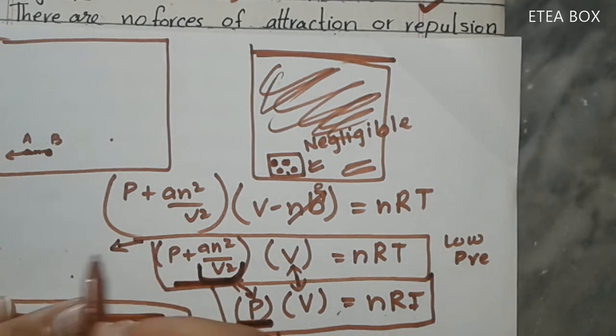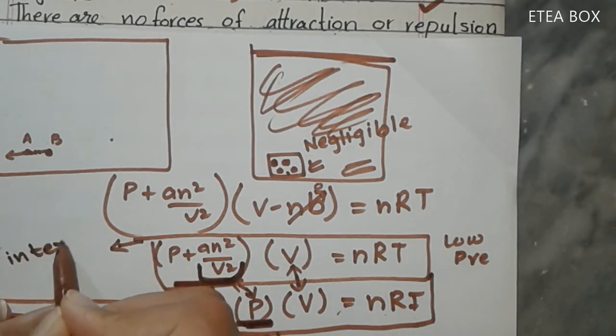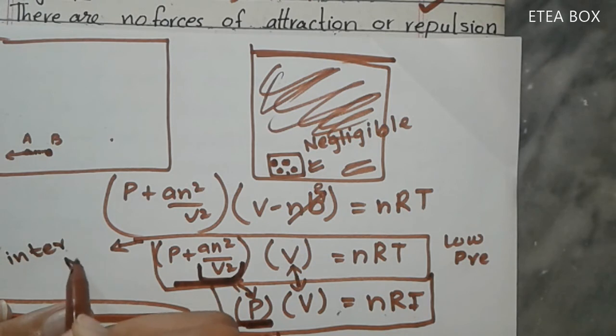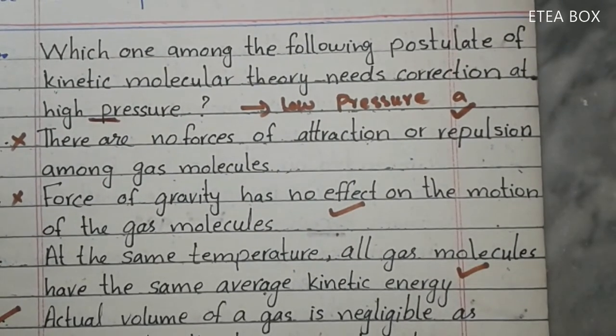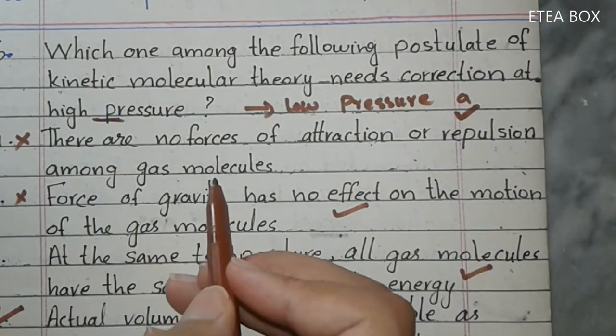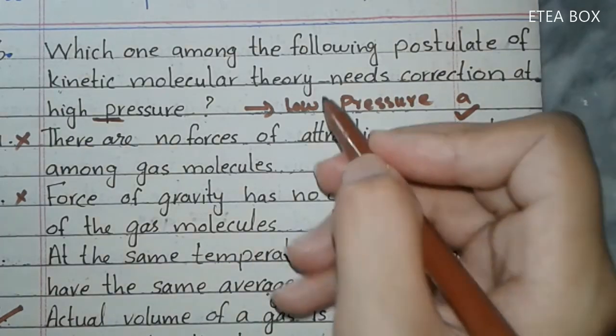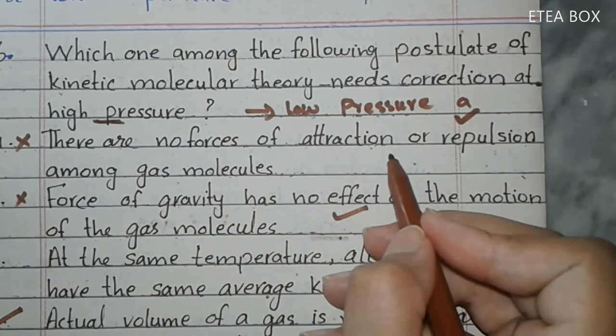Pressure is a function of intermolecular forces, so in turn it will need correction in option A: there is no force of attraction or repulsion among the gas molecules. So at low pressure, correction would be needed in this statement.